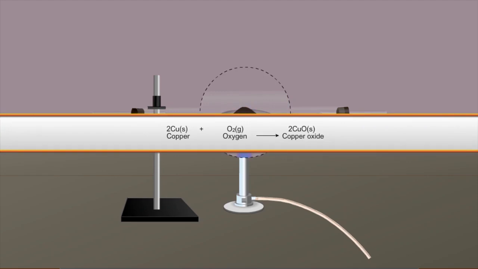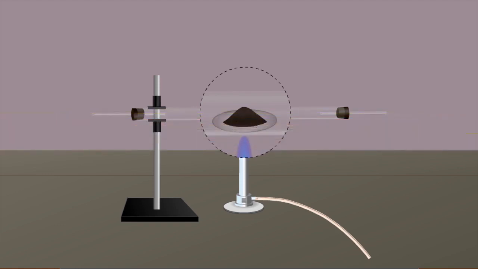The copper reacts with oxygen that you blow in through the air and it combines to form CuO, which is copper oxide. This is a classic example of oxidation reaction. The reddish brown color of copper is lost and a new black color is obtained. In this reaction, as oxygen is added to copper, it is therefore an oxidation reaction.